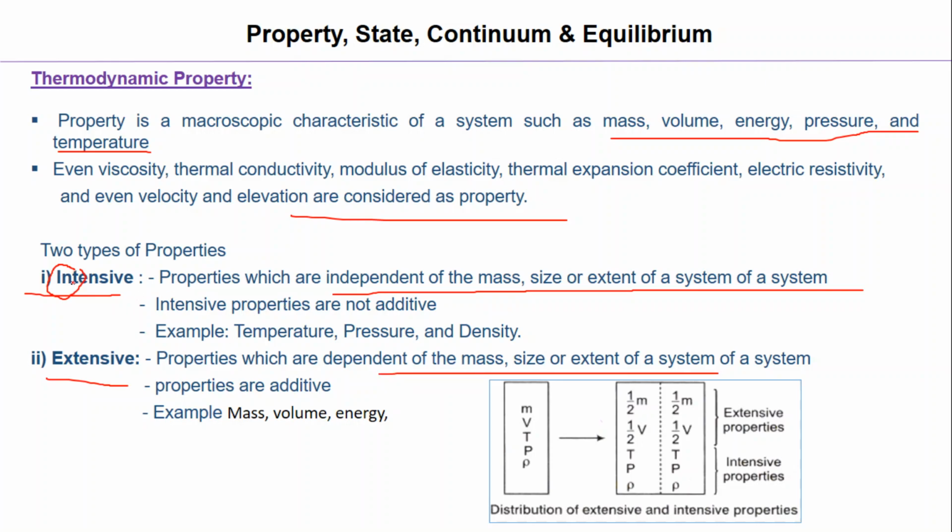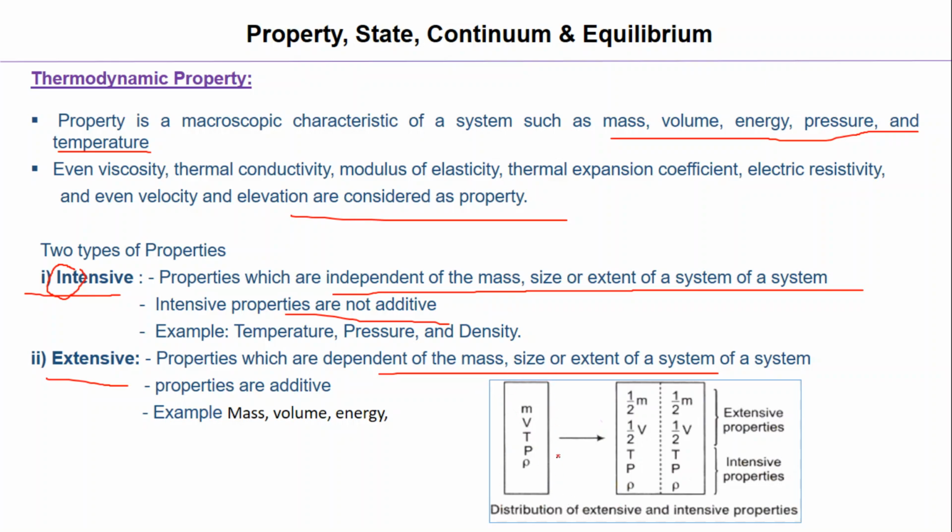Since intensive properties are not dependent on mass, they are not additive. If I double the mass or I double the volume, the intensive property will remain the same. Like temperature: if I increase the volume of the system, the temperature will be the same. Similarly pressure. We will understand this with this diagram.